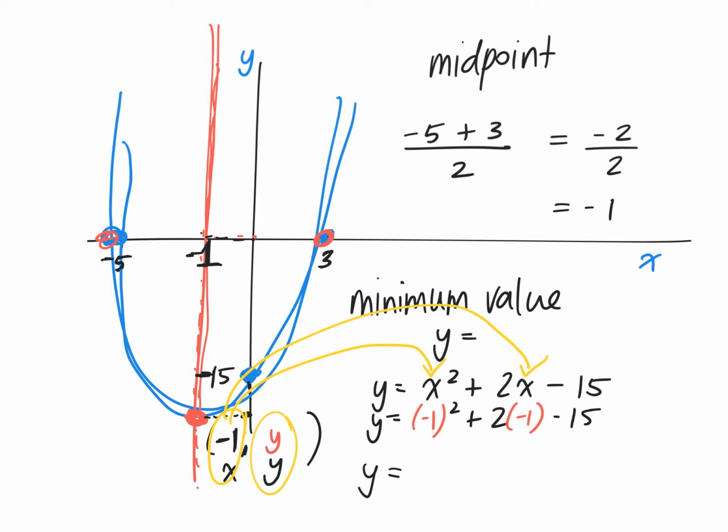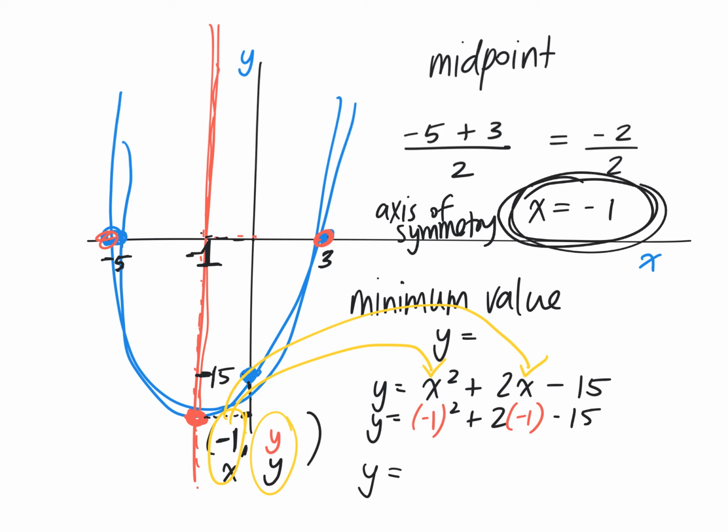Bad math again. Okay, so this is the x value of the vertex, which is the axis of symmetry. If I know the x value of the vertex, I plug it in, and we can figure out the y value of the vertex. Right? So what is -1 squared?